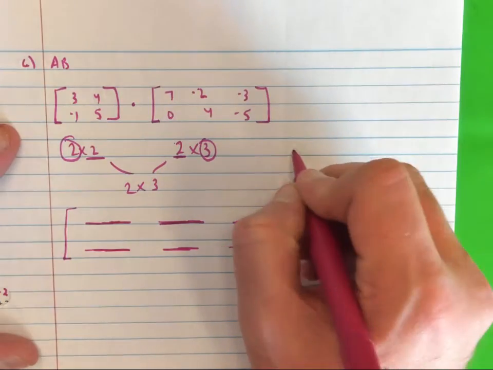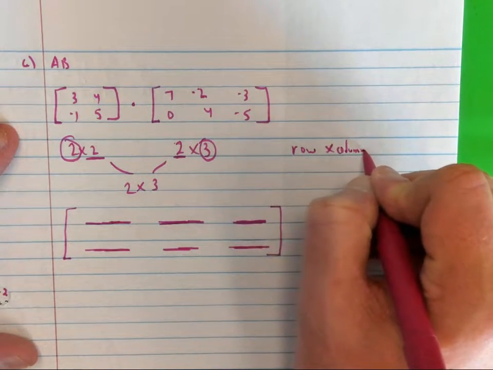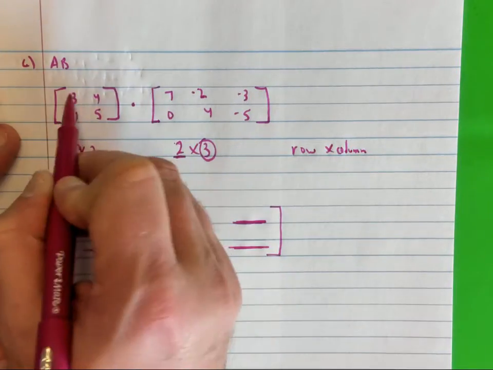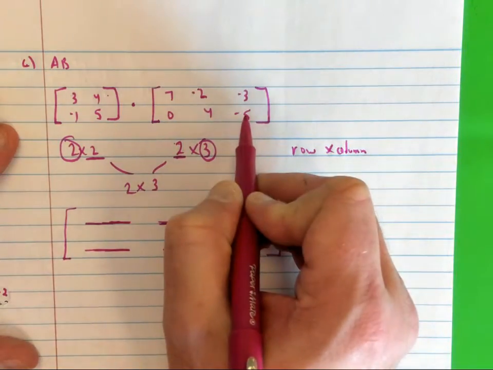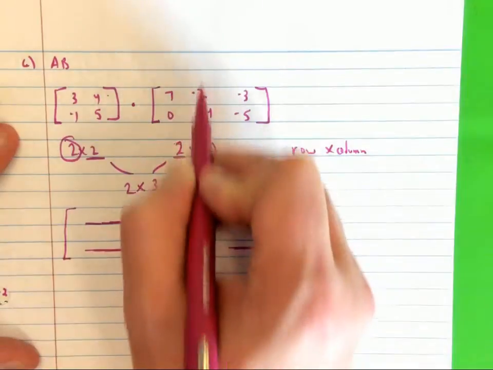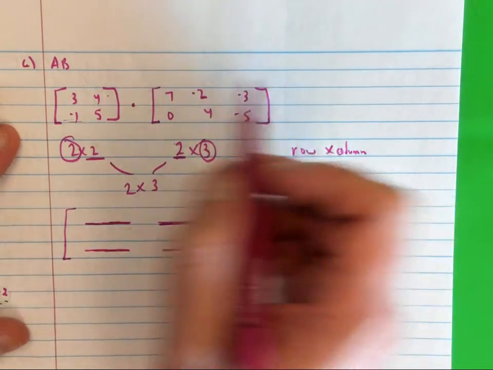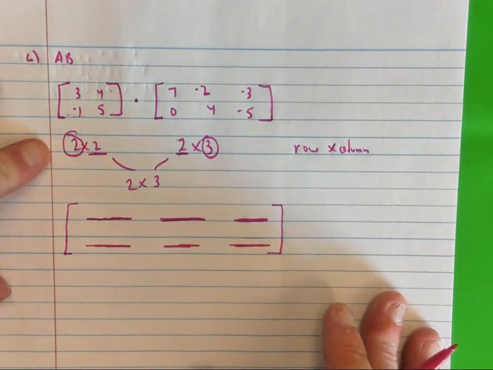And this is where you remember it's row by column. You're going to multiply row by column, row by column, row by column. Then go next row. Row by column, row by column, row by column. Yes, I'm going to say that a lot till you remember that. Row by column.